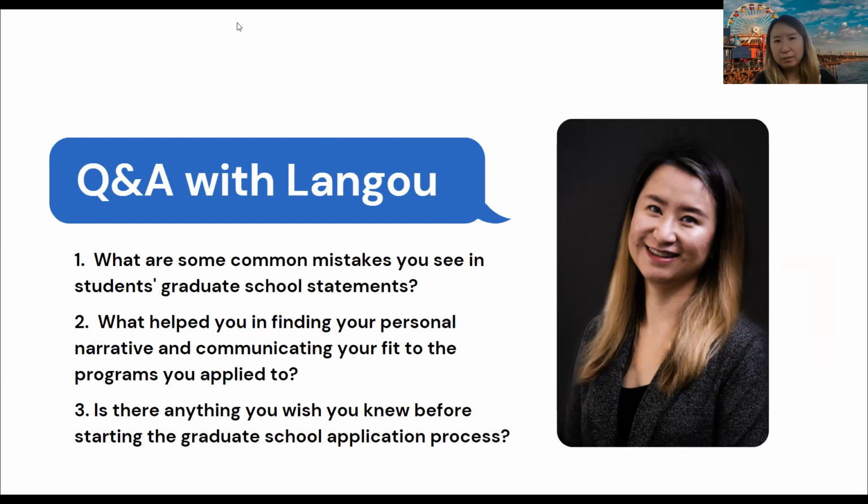It is very common to have 200-300 students, or even more, applying to the same program, and a lot of them might share similar experiences. If you keep your answer too vague, it's very easy for the admission committee to overlook your statement because you'll be very similar to somebody else.